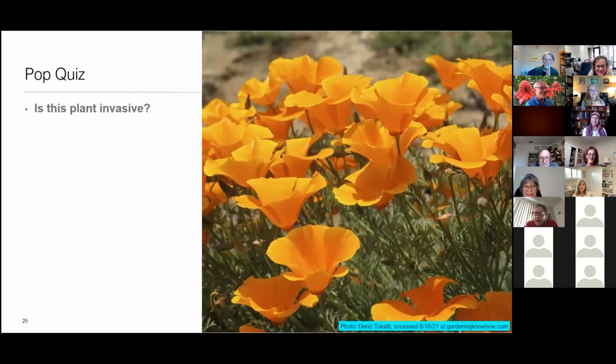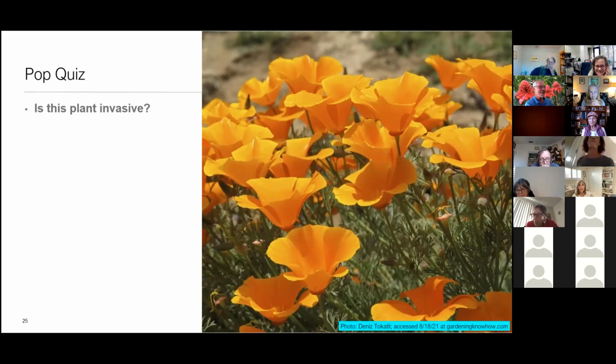So pop quiz, is this plant invasive? I don't know if we'll open it up. You'll have to do a self-analysis on your quiz results here. But if you know this is the California state plant, poppy, California poppy, you would say, no, of course not. It's our state flower.